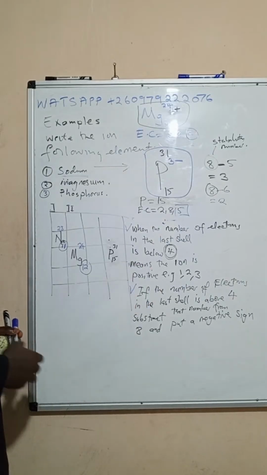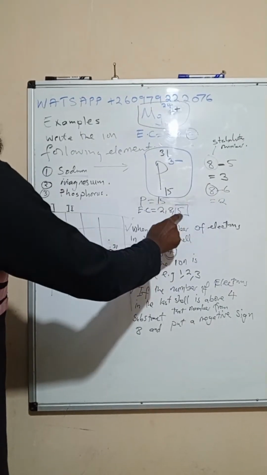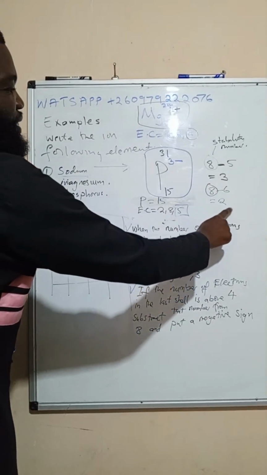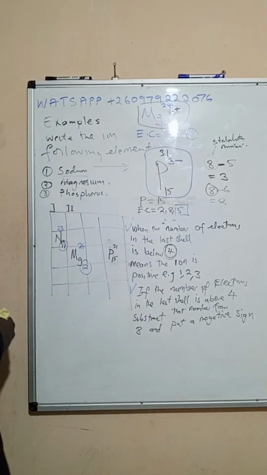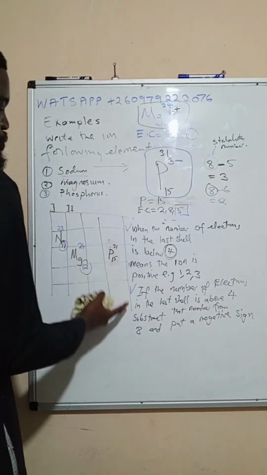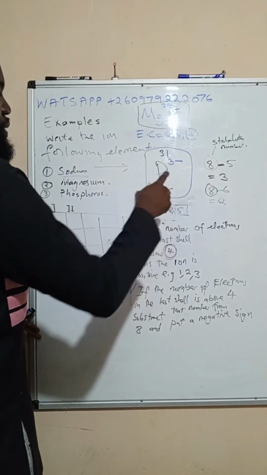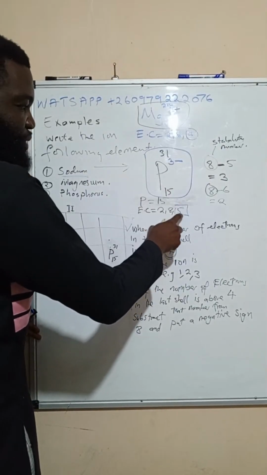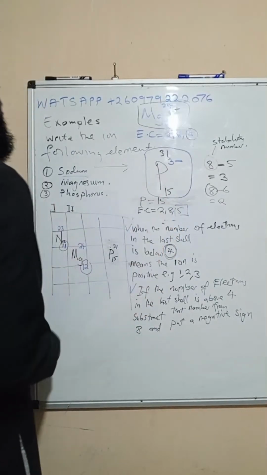So that applies with all the elements. If it's 2, it will be 2 minus. If it is 7, you write 8 minus 7 is equal to 1, so it will be negative 1. So these are the 2 rules. When the last number of electrons is below 4, write it the way it is, put a positive sign.